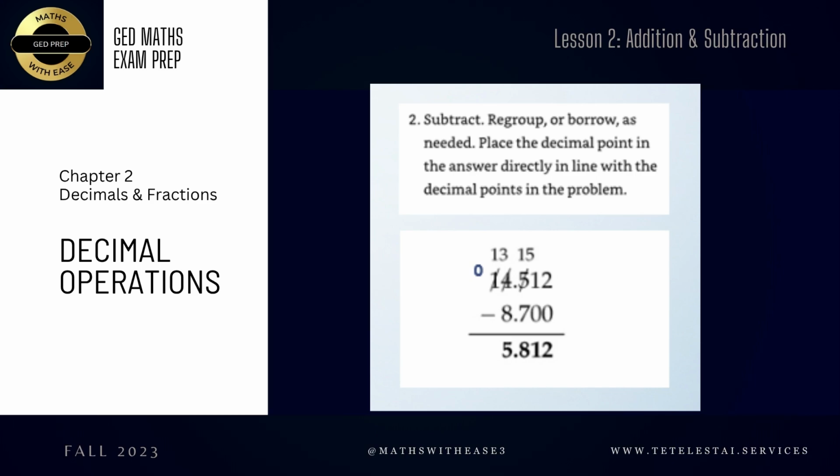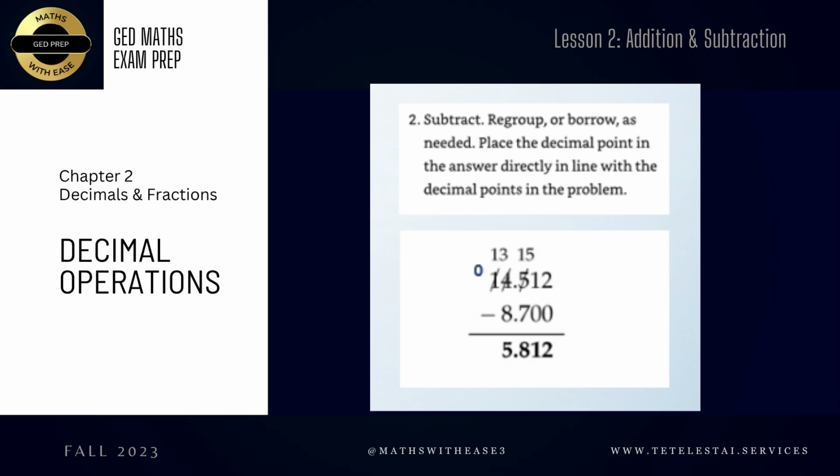Okay, 15 minus 7 is 8. Align your decimal point to match the decimal point of the numbers in the problem. And now we're on the whole numbers side. And again, operationally, we're doing the same thing.